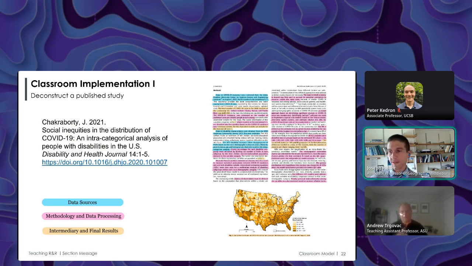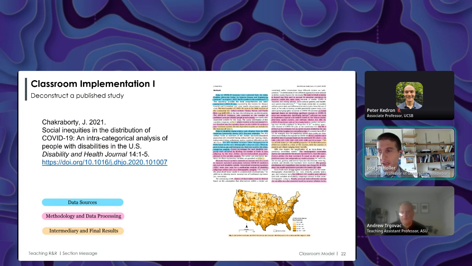The pandemic hadn't diffused even to the entire country yet. Places like Vermont and upstate New York hadn't really seen much incidence yet of the disease. And Jay was interested in a preliminary exploratory analysis of whether places with large numbers or percentages of folks with disabilities were seeing disproportionate impacts of COVID-19 in terms of the incidence rate.